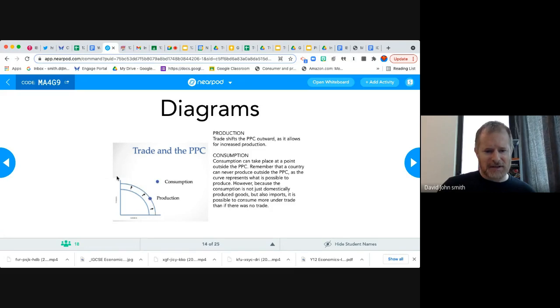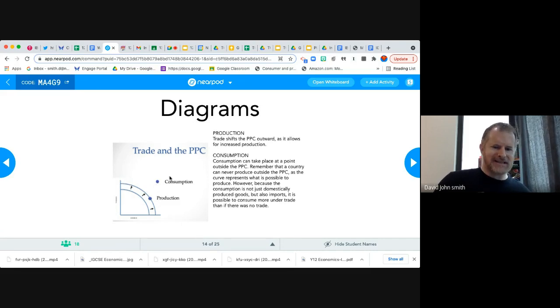The PPC is the maximum possible combinations of two goods, might be capital and consumer goods, or just good A and good B. By increasing what it is possible to produce, we increase our productive capacity, and that is the shift outwards of production.